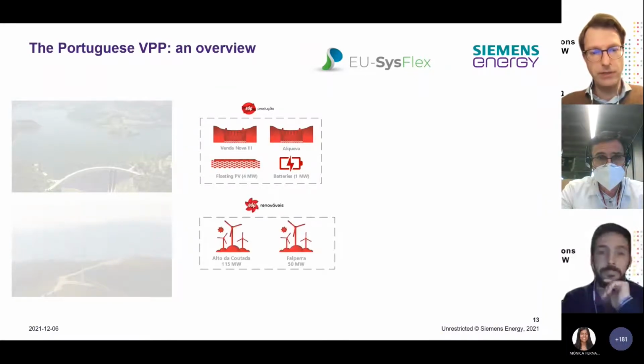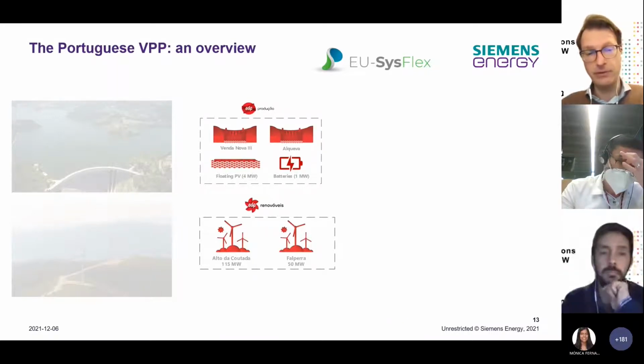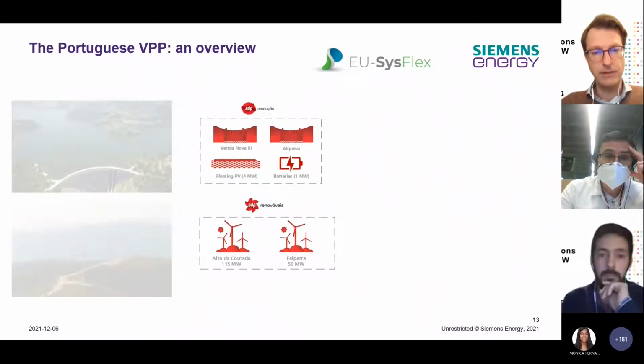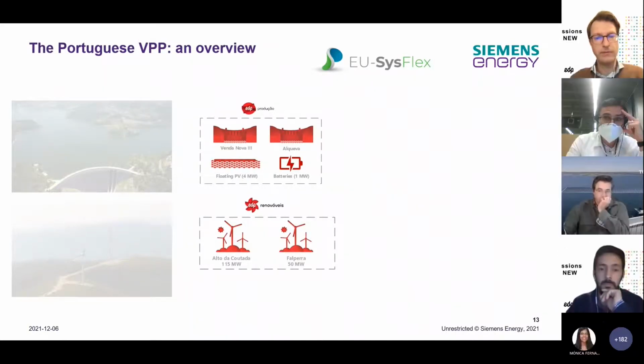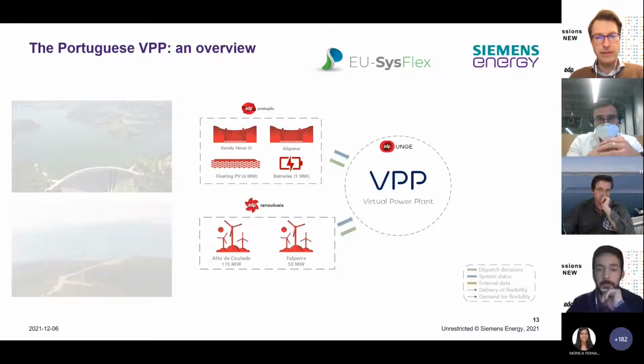Moving on to the renewable energy sources that we wanted to demonstrate the integration in the VPP with. That were the 2 wind farms, as you can see here, Alto Cutada and Falbera, 2 large-scale wind farms. And now, what do we need to get them combined into a virtual power plant?